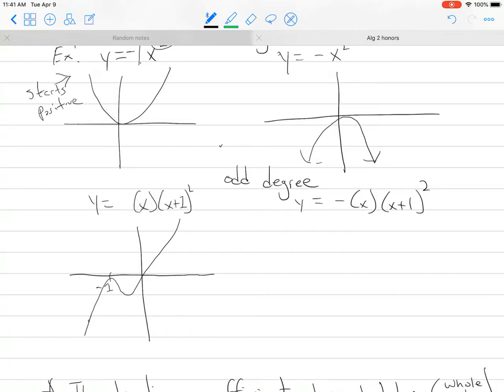Then, if I put a negative, here this is an odd degree. This is x squared, so this is actually a third degree term, right? If I have x times (x plus 1) squared, it looks something like this. And if I put a negative leading coefficient in there, it's literally going to flip it.